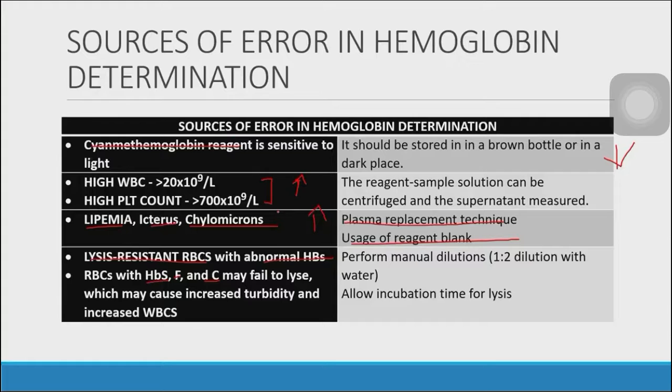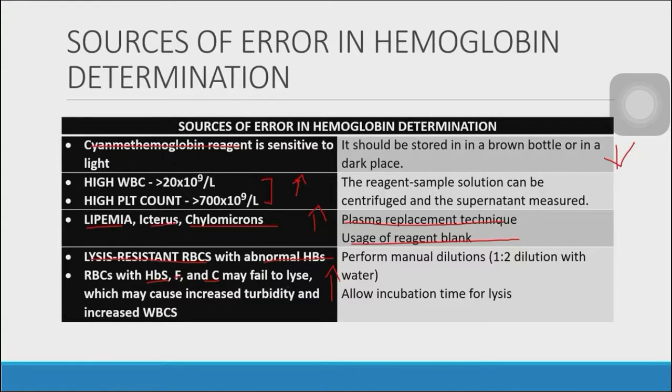So kapag hindi nag-lyse yung RBCs dahil lyse-resistant sila, they may cause turbidity, and then affecting again yung appearance ng sample natin, thereby causing increased result natin for hemoglobin.